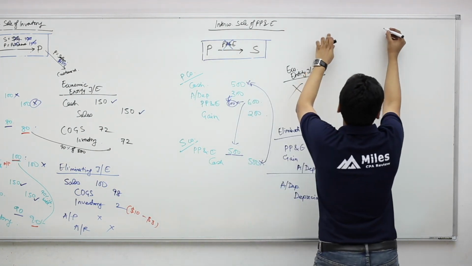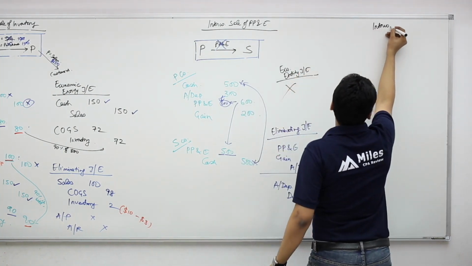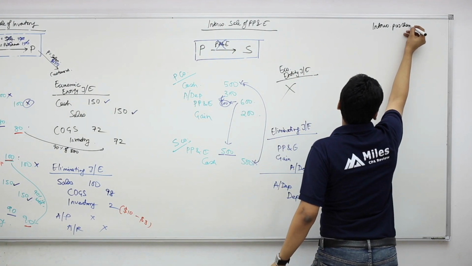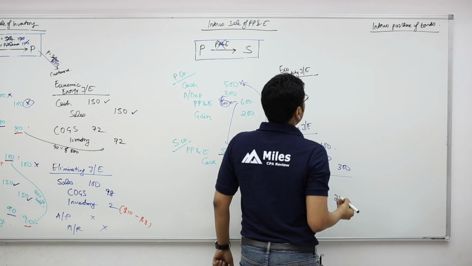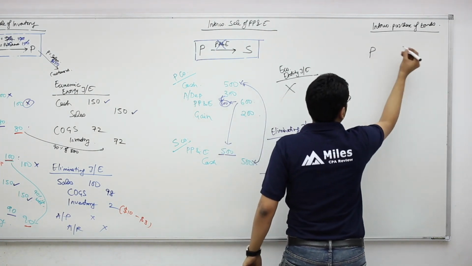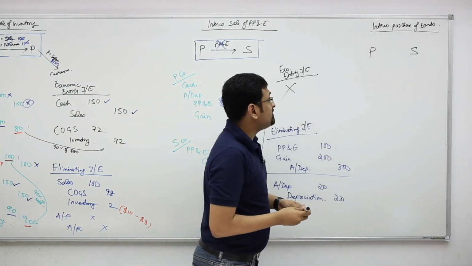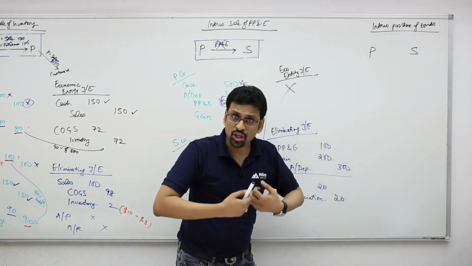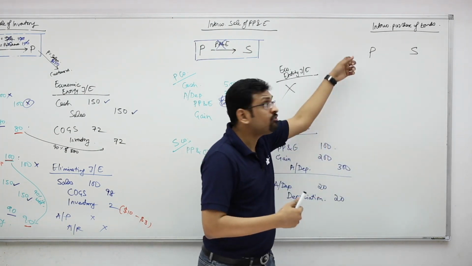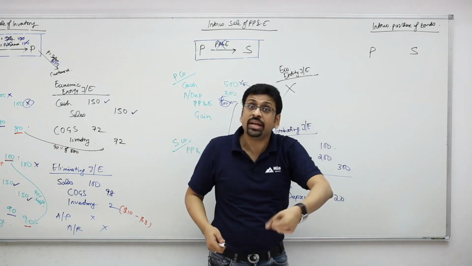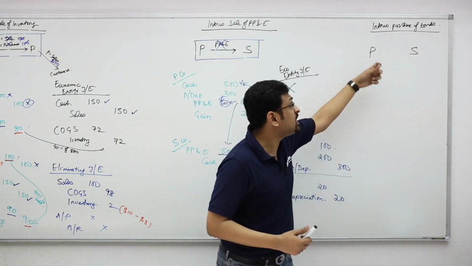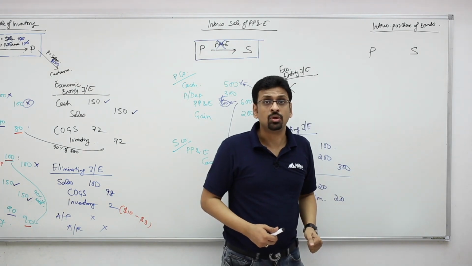So we are now talking about intercompany purchase of bonds. So now let's look at the parent and the sub. And let's say the parent, they have issued bonds. So they've got bonds payable. And the subsidiary, they went out to the market and purchased back the parent's bonds.